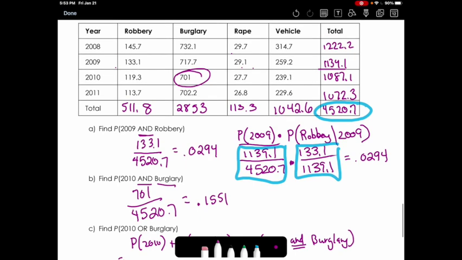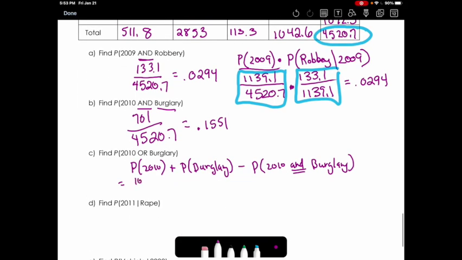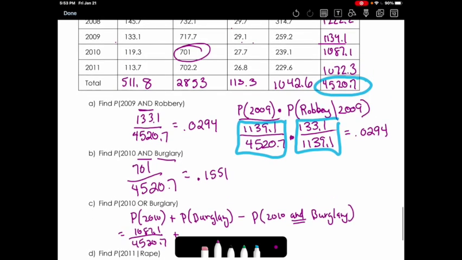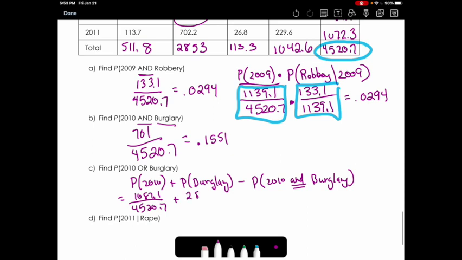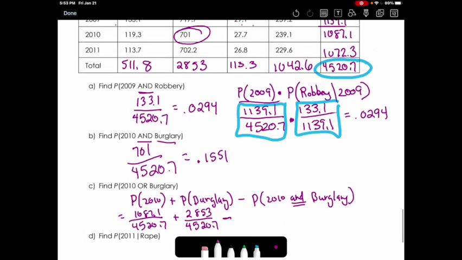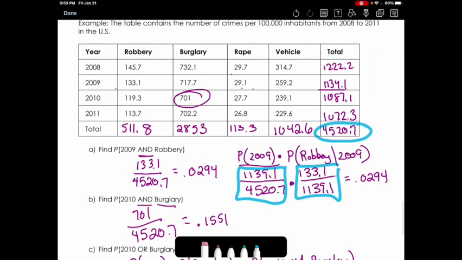Now, if we look up at the table, the probability of choosing a crime that occurs in 2010 is 1087.1 out of 4,520.7. The probability of the crime being a burglary is 2853 out of 4,520.7.